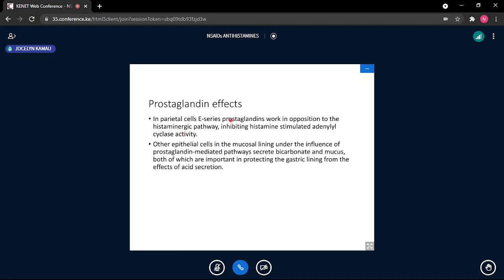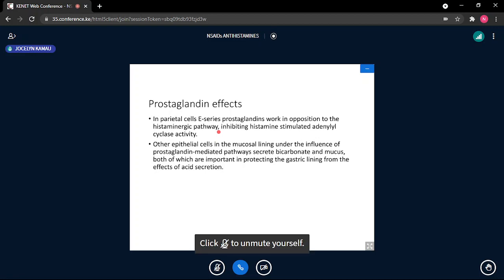So the prostaglandins will inhibit. Remember, the histamine is acting through cyclic AMP. The prostaglandin will inhibit the adenyl cyclase activity, and therefore block or prevent hydrochloric acid release. And that's why we said the prostaglandins have cytoprotective activity. They will prevent the release of gastric acid.